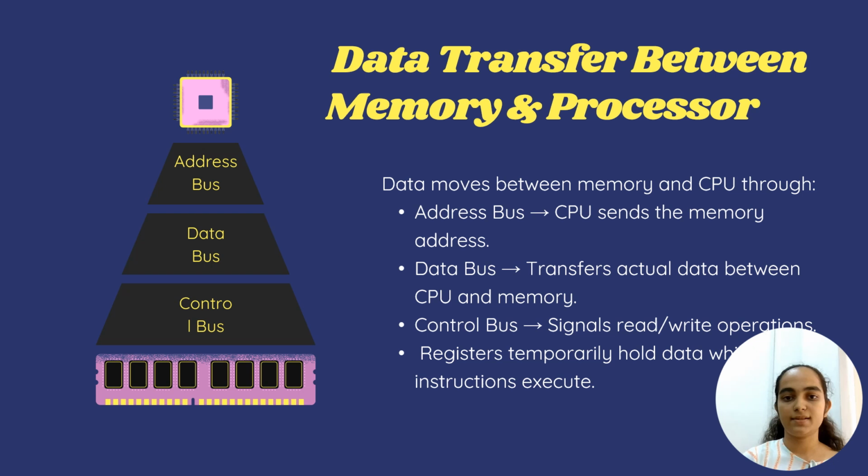Control bus manages operations such as read or write. Inside the CPU, there are tiny temporary storage areas called registers. Registers are extremely fast and help the CPU keep instructions and values ready during execution. This entire communication process is essential for smooth and fast processing.